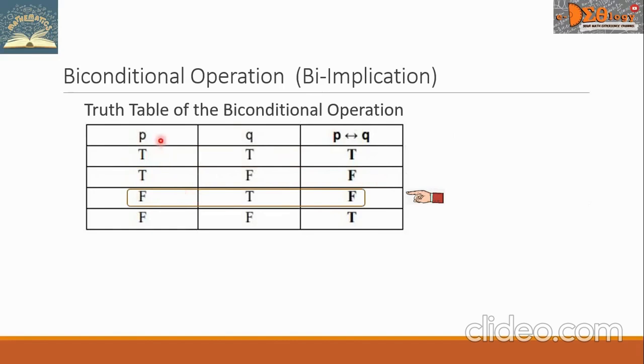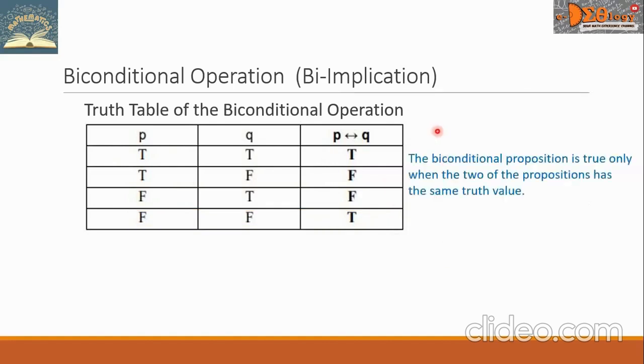Third line, when P is false and Q is true, P if and only if Q is false. Next, when P is false and Q is false, P if and only if Q is true. The biconditional proposition is true only when the two propositions have the same truth value.